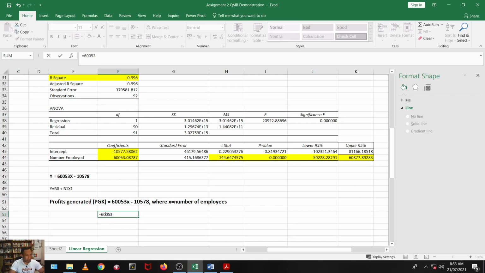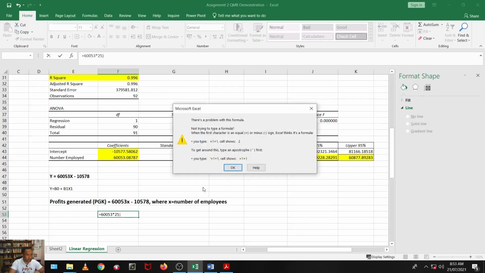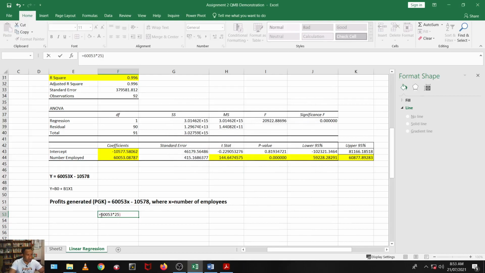times, right? Excel recognizes asterisks as the multiplication sign, times X, which is the number of employees, and our question says we've employed 25 new employees. Okay, we'll put a bracket around that. Okay, put a bracket around that as well. And then minus 10,578, which is the intercept. Okay.